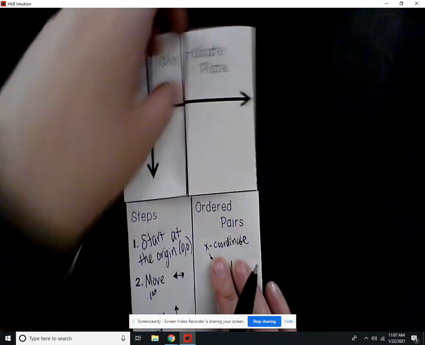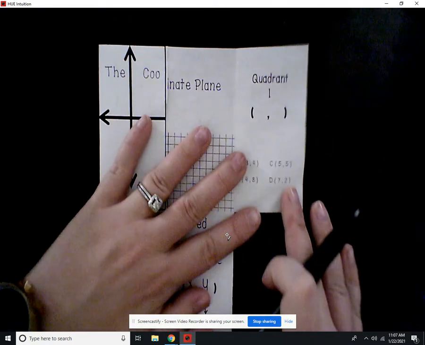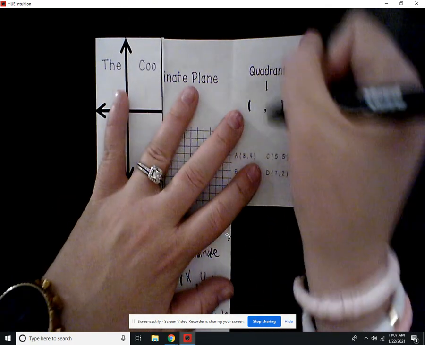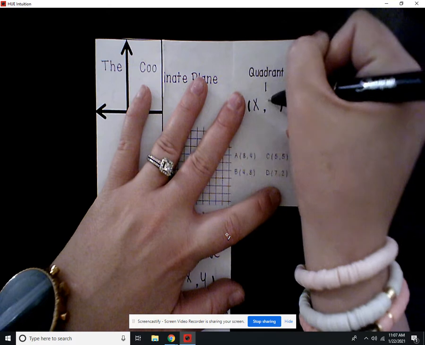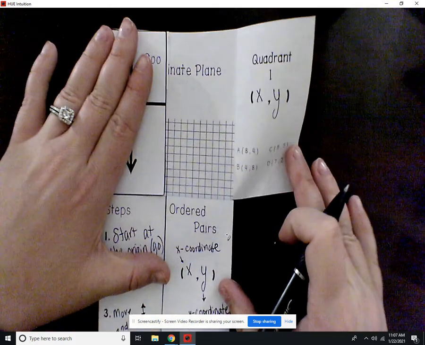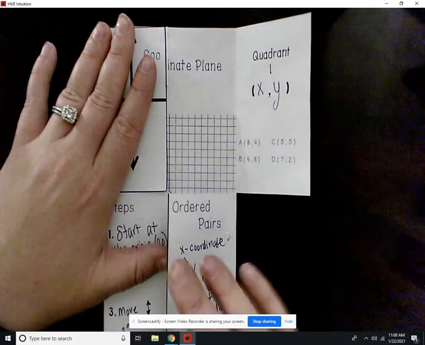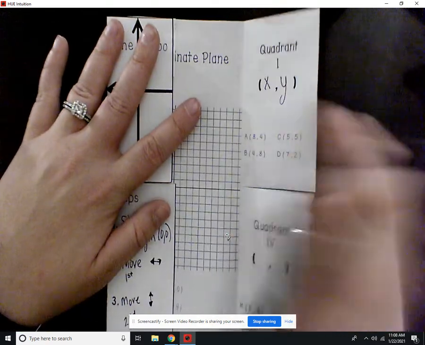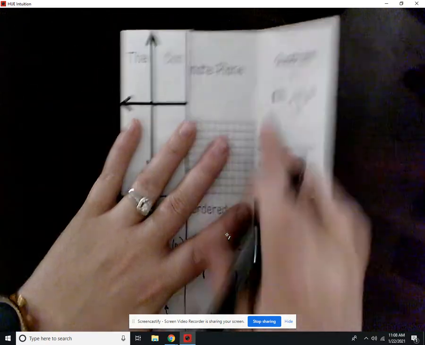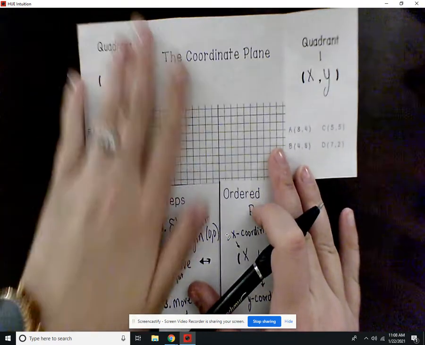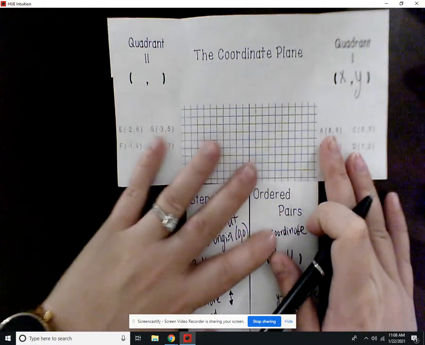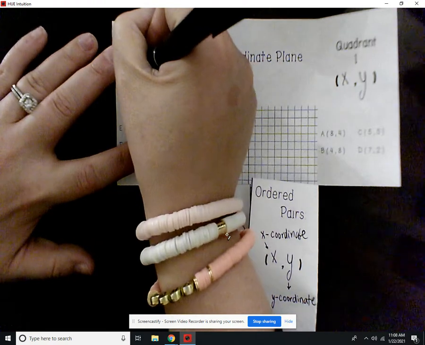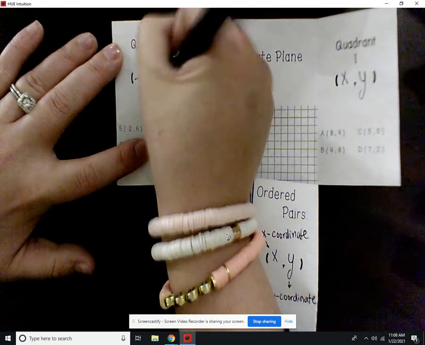Okay, so let's look at the first quadrant. In quadrant 1, both numbers are positive, so we have positive x and positive y. Let's go through and talk about the quadrants. In quadrant 2, you're going to have a negative x and a positive y.